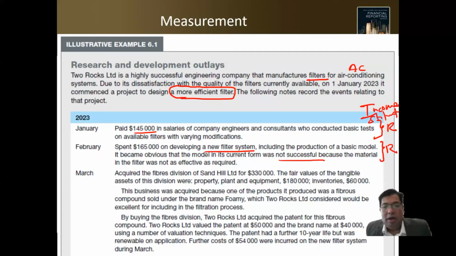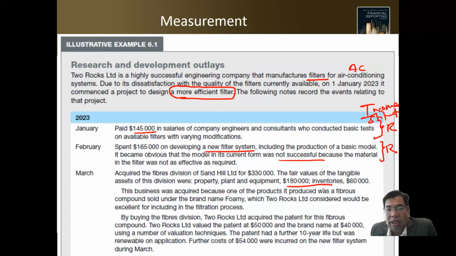Okay. In March, acquired the fiber division of Sand Hill Limited for 330,000. The fair value of the assets of this division were 180,000 for property, plant and equipment, and 60,000 for inventories.